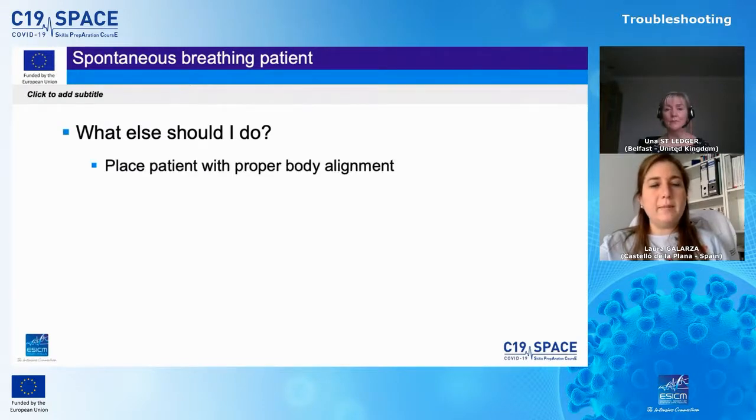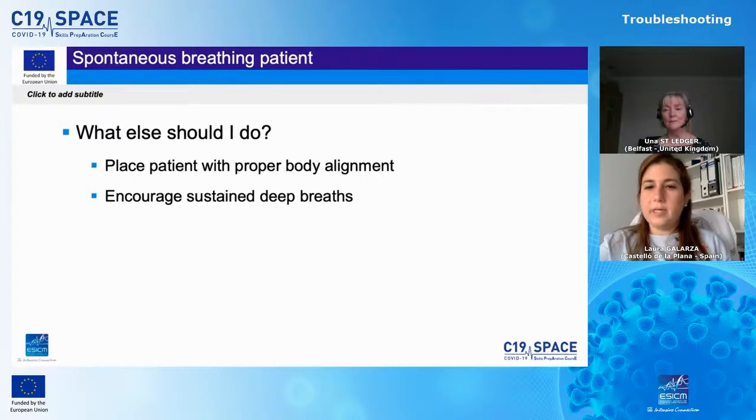And what else should I do? We should place the patient with a proper body alignment. A sitting position will permit maximum lung excursion and chest expansion. We should encourage sustained deep breaths. This maneuver will decrease their anxiety and also improve their oxygenation.